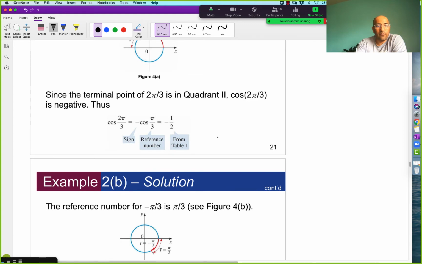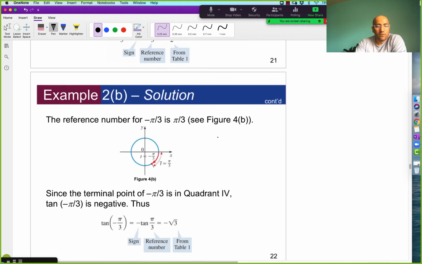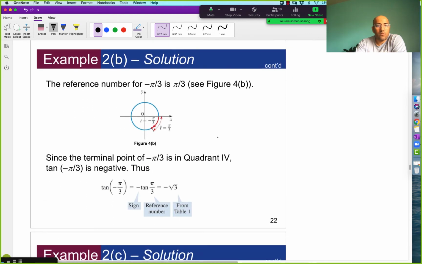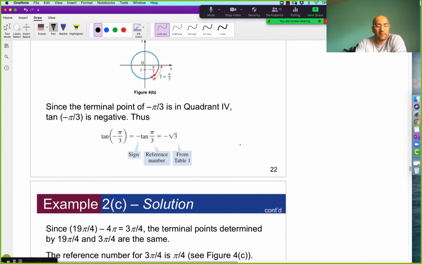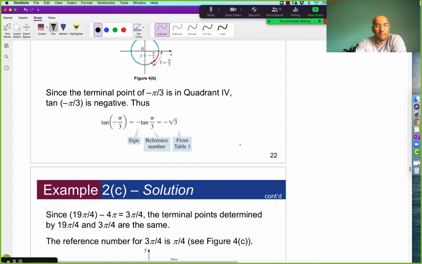Cosine of 2 pi over 3 equals negative 1/2. The second one was negative pi over 3. So we use the reference value of pi over 3, and we got negative root 3 as our final answer.